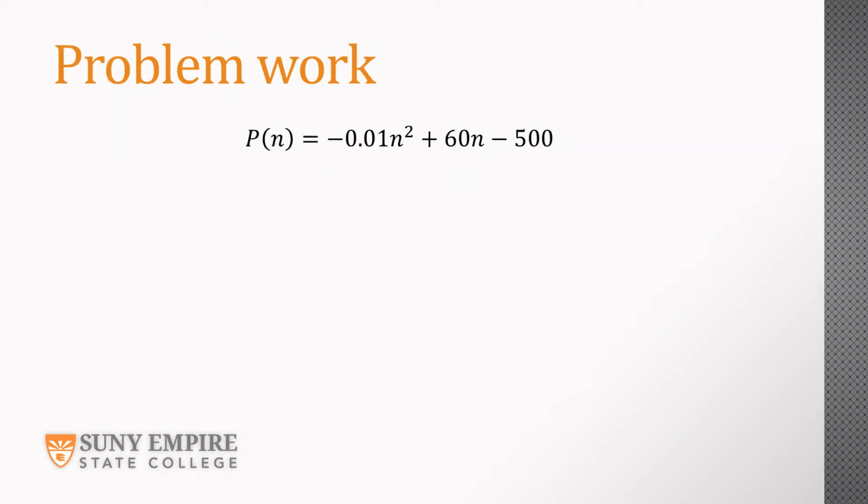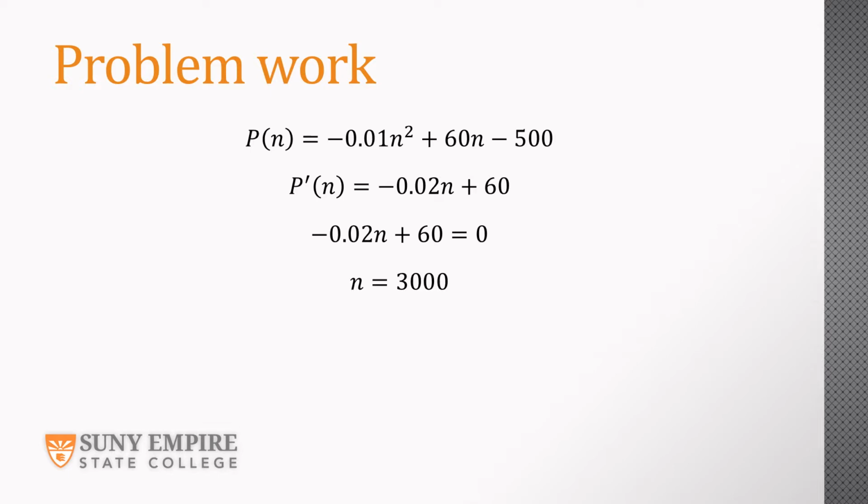We had the profit function negative 0.01n squared plus 60n minus 500. We find that the derivative of this function is negative 0.02 n plus 60. We set negative 0.02 n plus 60 equal to 0. Adding the 0.02 n to both sides, then dividing, we find that n equals 3000.